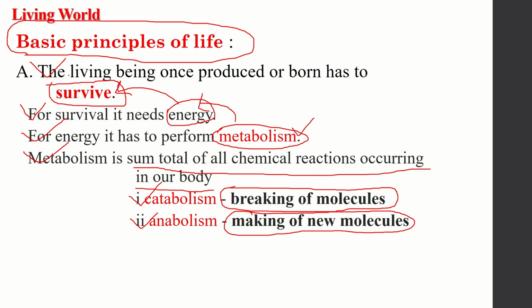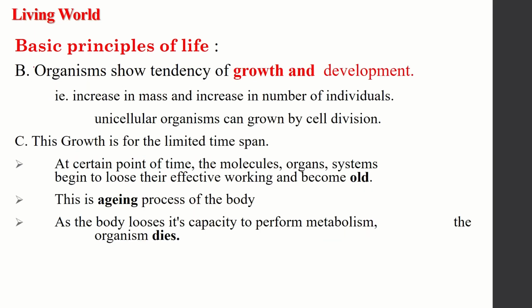So the living beings, once produced or born, have to survive. This is the first characteristic of the living being. Second one, organisms show a tendency of growth and development. This is the second characteristic of the living being, that is, they can develop, and the growth of that particular organism takes place.